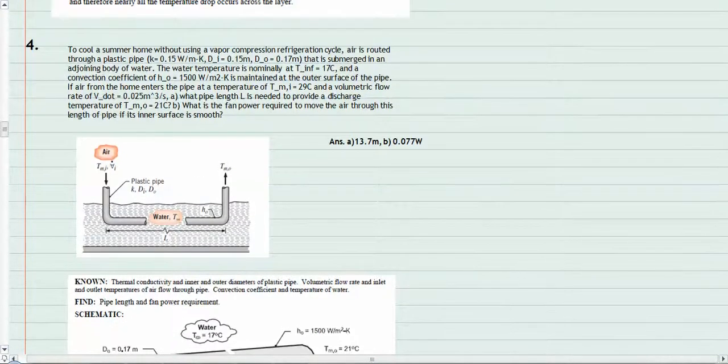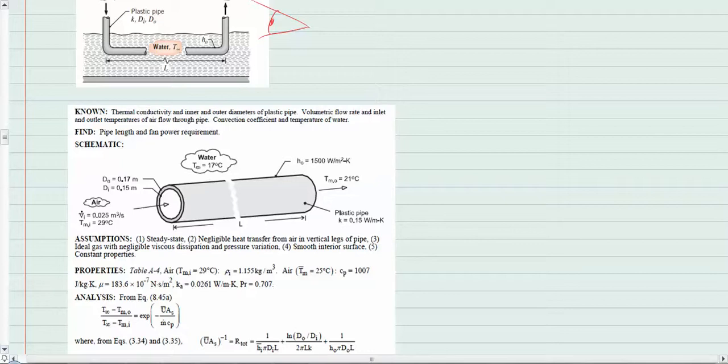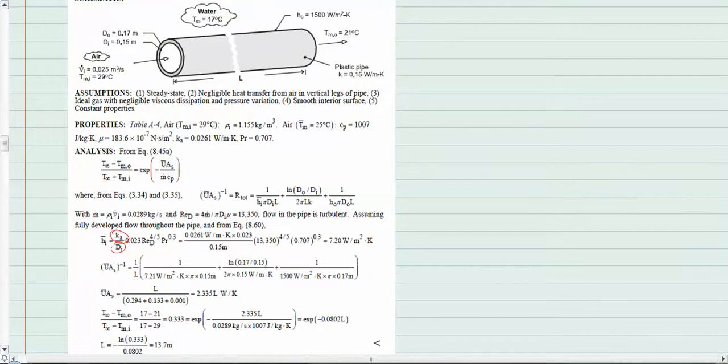In the fourth problem, you're cooling air, and your question is how long does this pipe need to be? So remember, get clarity on how this looks and get a sense of the flow. In the solution, we try to break it down to a simple pipe. This equation that I drew in red, I would provide for you. But I would expect you to know this equation right off the bat.